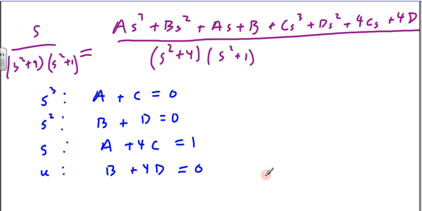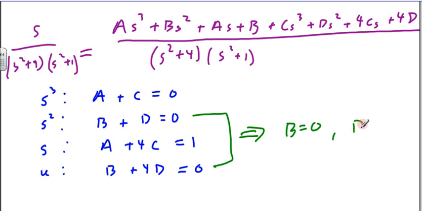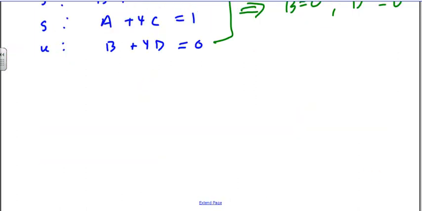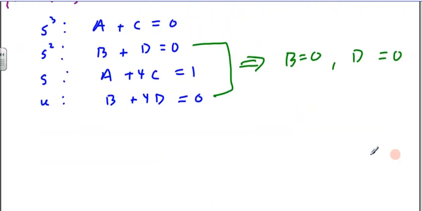There's only an s. Okay, so I look at those two things, and I say, okay, if b plus d is 0, and if b plus 4d is 0, then what does that strongly imply? Well, that strongly implies that b is 0 and that d is 0. Because how can it be any other way? So now that sent us from 4 equations, 4 unknowns to 2 equations, 2 unknowns.